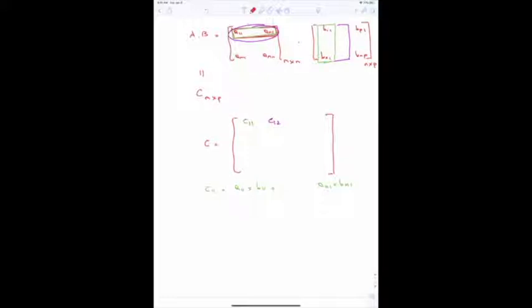What we're doing is called the dot product between rows of A and columns of B.